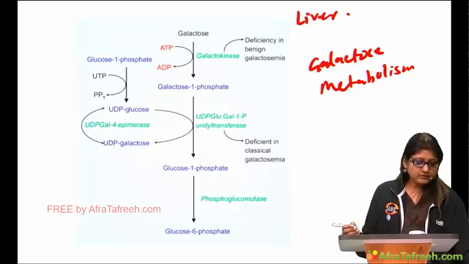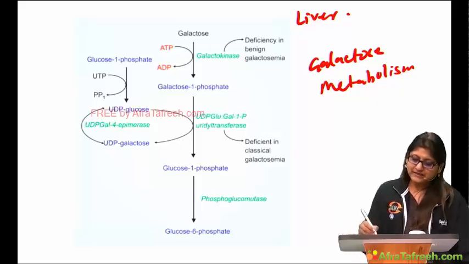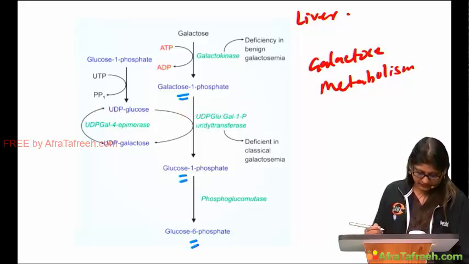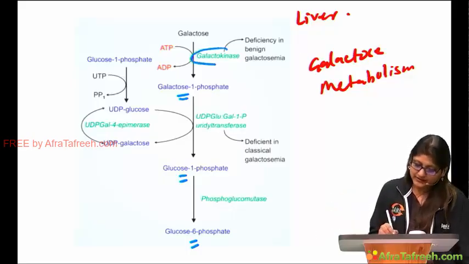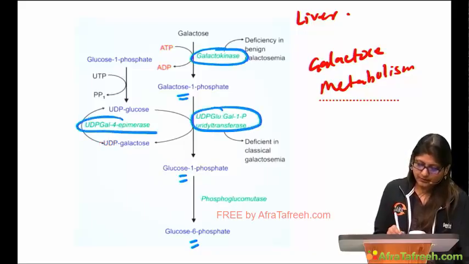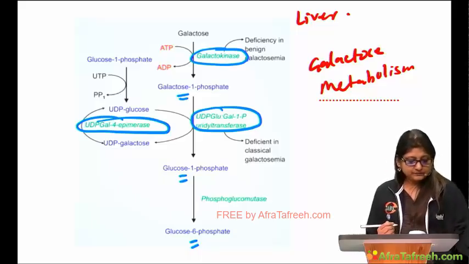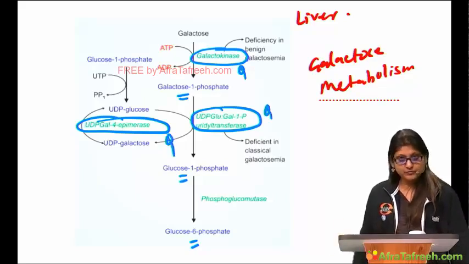Galactose is converted to galactose 1-phosphate, then to glucose 1-phosphate, then to glucose 6-phosphate, which is further utilized. You need galactokinase enzyme number 1, uridyl transferase enzyme number 2, and 4-epimerase enzyme number 3. These are 3 important enzymes of galactose metabolism which you must know.